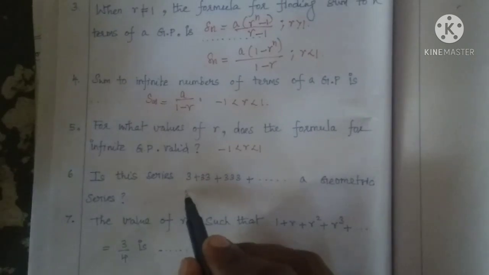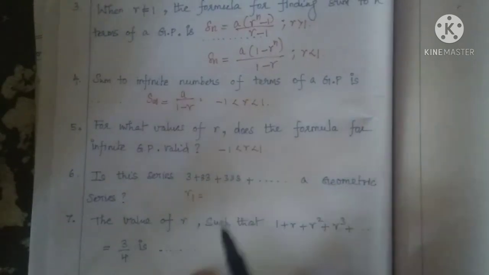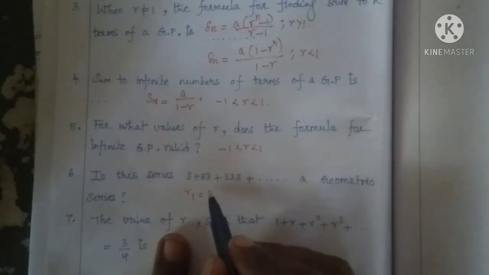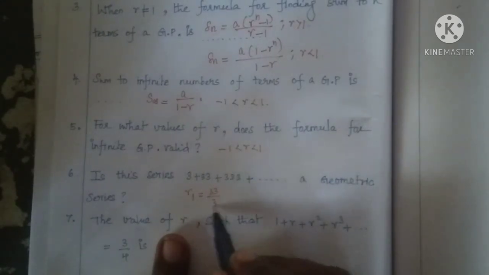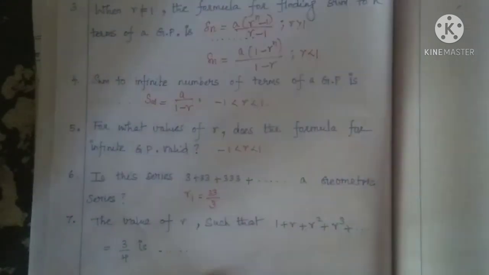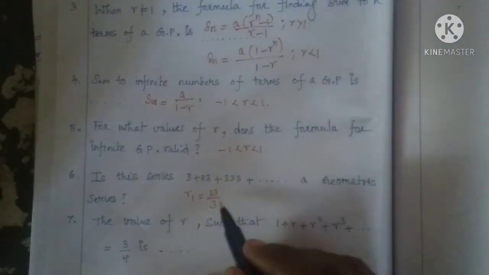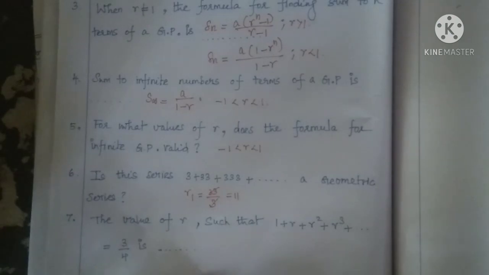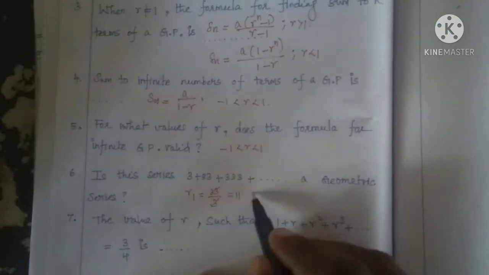First find R1, the ratio of the second term to the first term: 33 divided by 3 gives 11. So R1 equals 11.